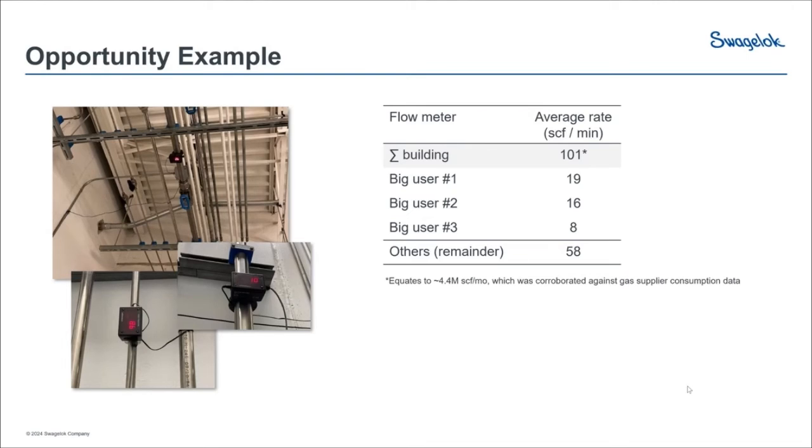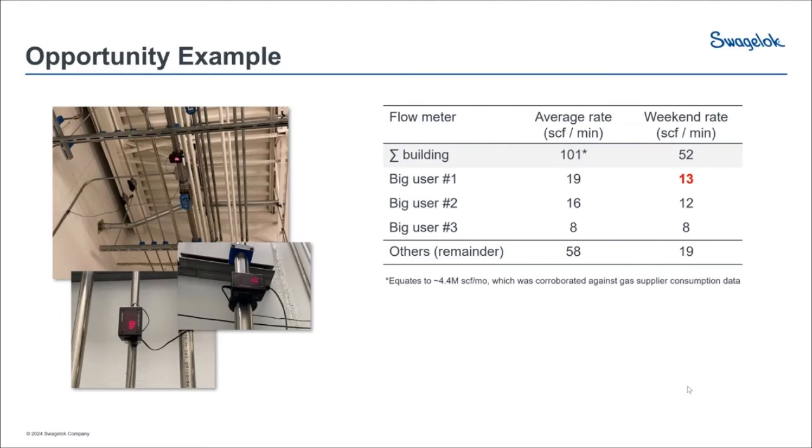The next thing we saw was that, no surprise to the customer, those big users, as they suspected, were indeed big users. Now, the most surprising discovery that they saw, however, was how much the weekend consumption rate actually was. You see, when the lights were off and no operations were taking place, the facility was still drawing over half of the flow rate of gas that they would during the average weekly rate.